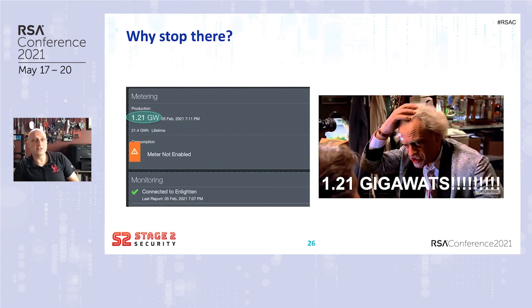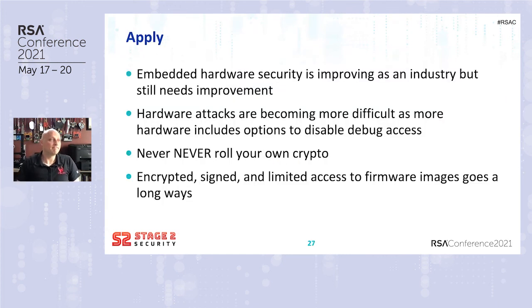It's a big question that possibly we need to look at with all solar vendors, right? This is a way that attackers or hackers could possibly generate their own money, laundering possibly.